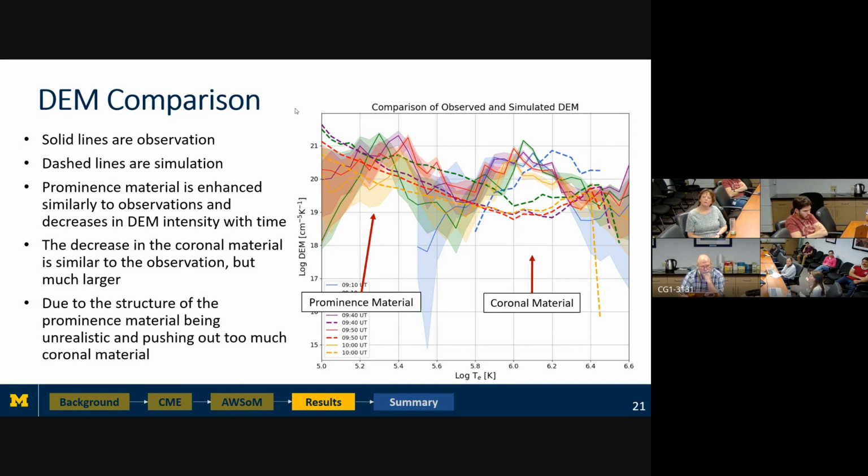And we're really thinking that's due to the structure of the prominence material being unrealistic. Placing it just at the bottom of the flux rope might not give the most realistic version and push out too much of the coronal material. But I talked to Sarah about this, and maybe it's the topology. So we're going to try different things out now. But all of this being said, we're actually not too worried about that because the thermodynamics look nice. And I will be showing this in the next few slides.